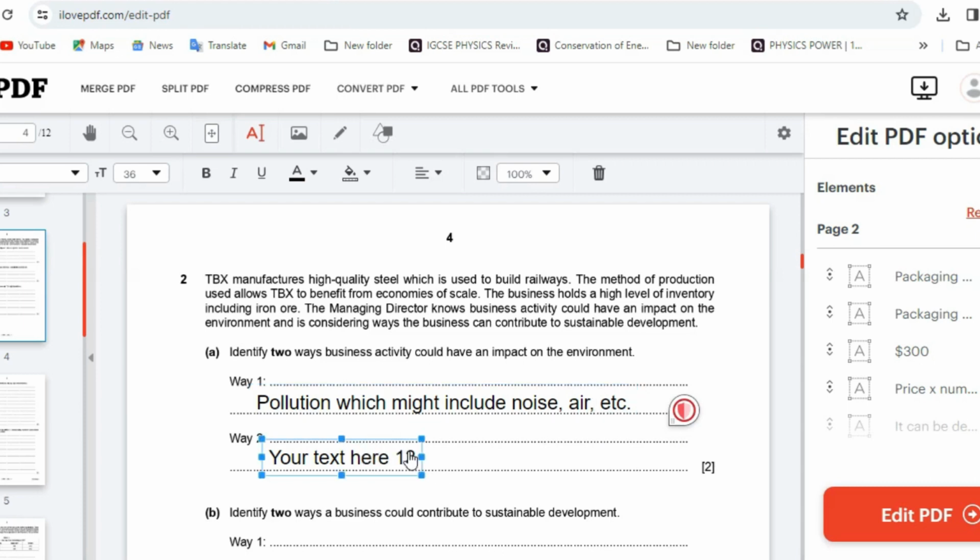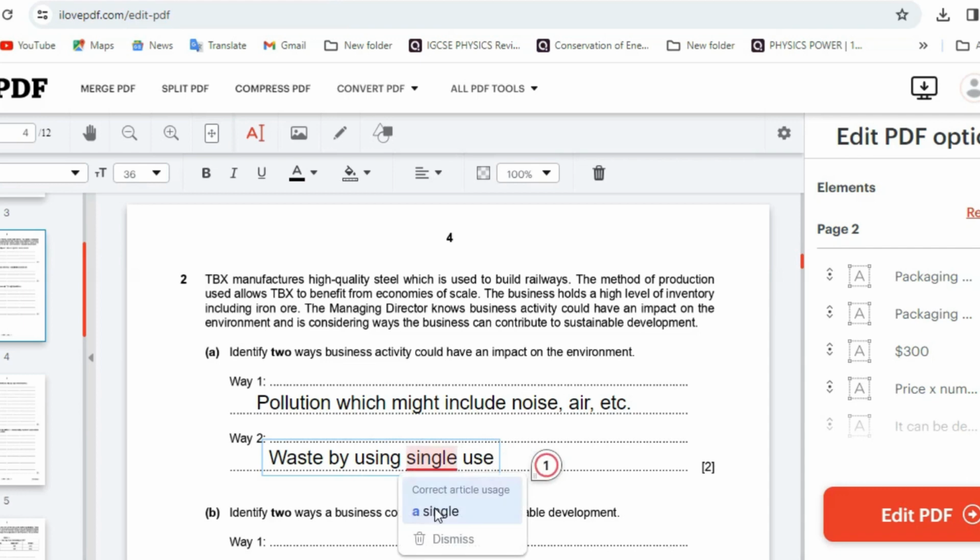The second one is waste. Of course, a business activity can also cause waste to the environment by using single-use material, that is, they did not use renewable or non-recyclable materials.